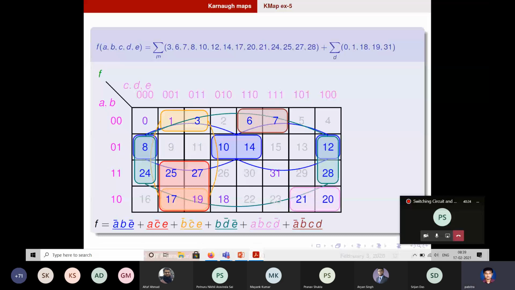Try to form 8-sided cubes first, then 4-sided, then 2-sided. In fact, there are two 8-sided cubes I can form here.